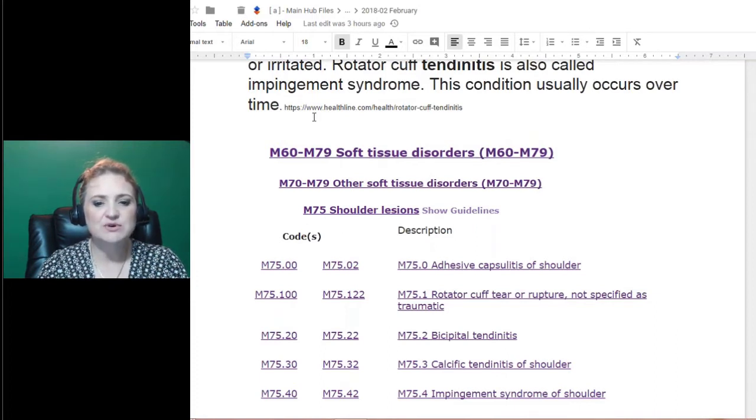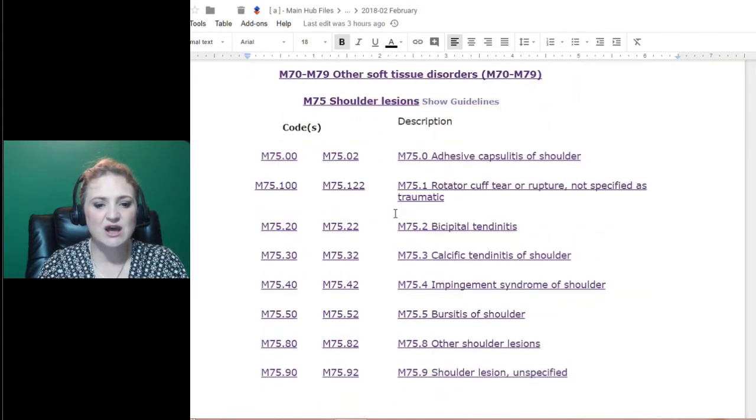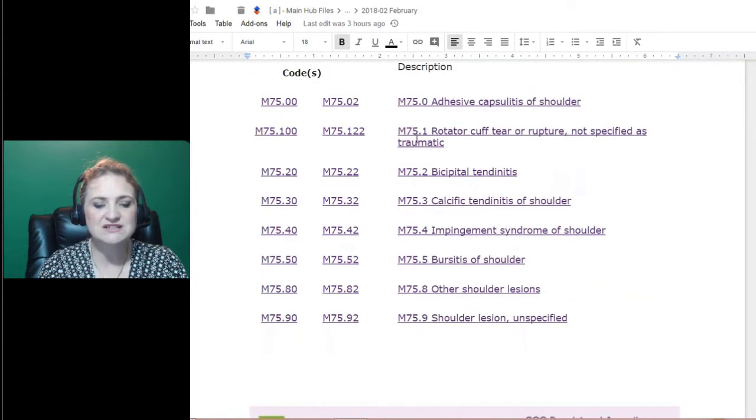And so I pulled this off of Find a Code. You end up being under M60 through M79, but we want to deal with shoulder lesions. And here is kind of a catch-all of the options that you have. They tend to be M75 codes, and you have all of these: rotator tear or cuff, and or rupture.